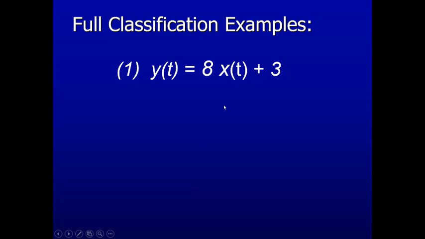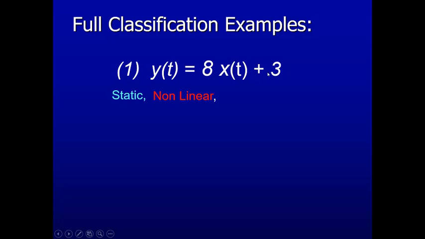So let's put these all together now. Here's a simple equation. y of t equals 8x of t plus 3. Is this static or dynamic? It's a static system. Is it linear or nonlinear? Well, definitely nonlinear from that plus 3. Is it time invariant or time varying?